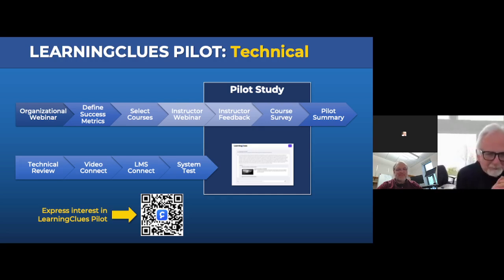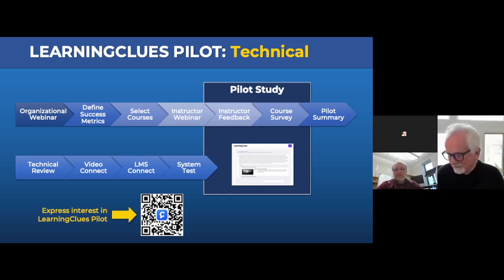We have pilots starting at a number of schools: Palm Beach State College in Florida, the California Virtual Campus for community colleges, and we're in the process of working with UC San Diego, University of Michigan, and, I'm sure I'm forgetting some here, Minnesota. Other schools are signing up for these studies.